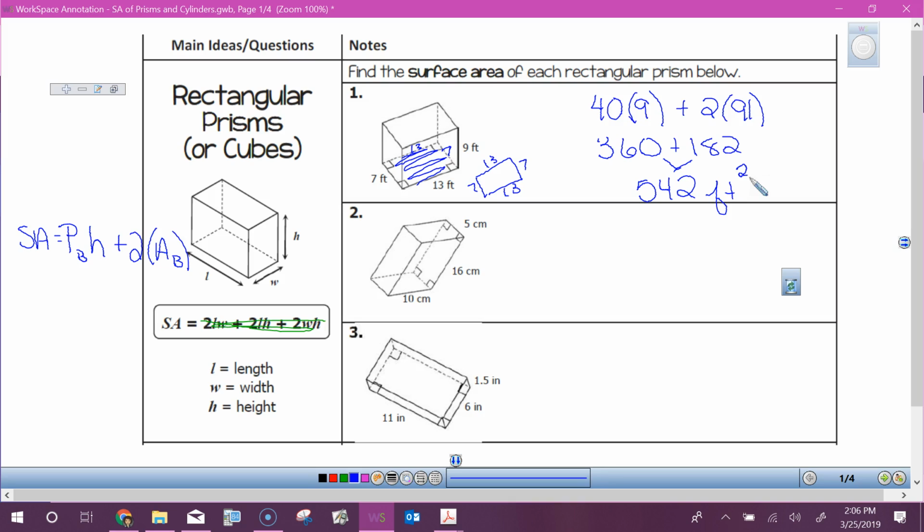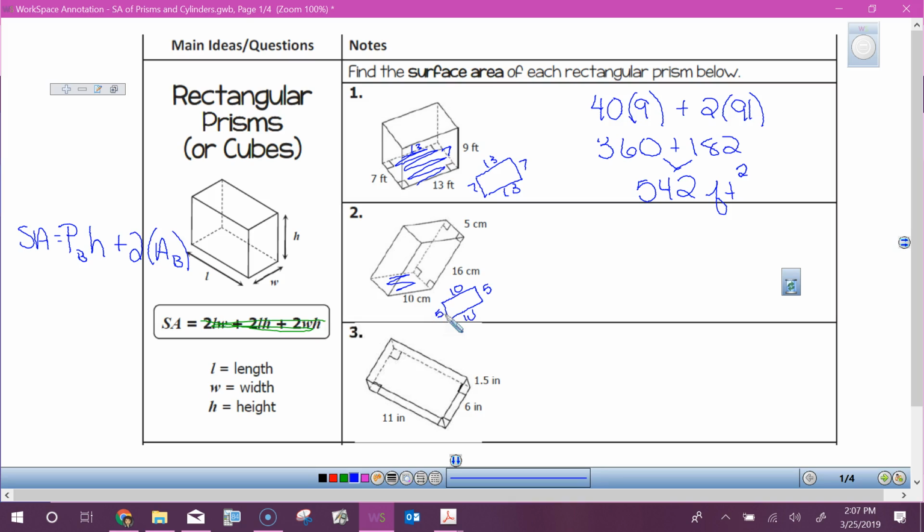Okay, so if I'm looking at number 2, what would you like to use as your base? Top or bottom, doesn't matter. So if I'm using this guy, this is 10. What's this side right here? I'm using the bottom. 5, which means this is 10 and this is 5.